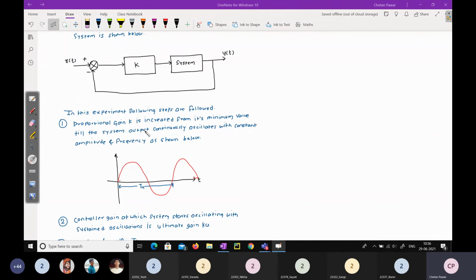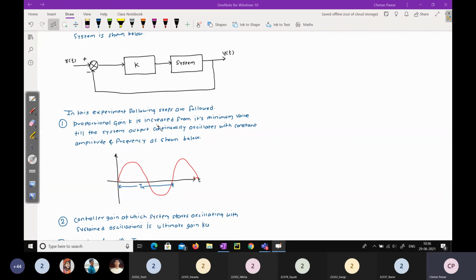What is the meaning of that? They vary the value of K, and they stop the experiment where the system becomes marginally stable, oscillating at its natural frequency.